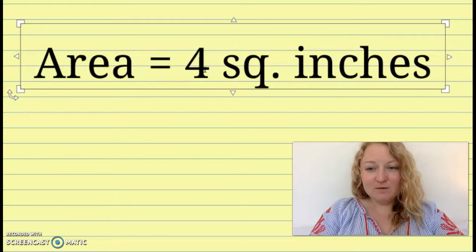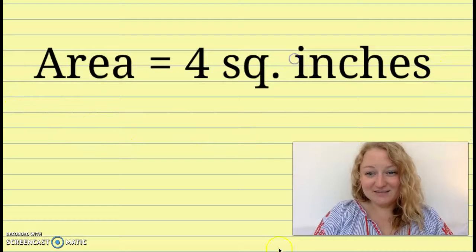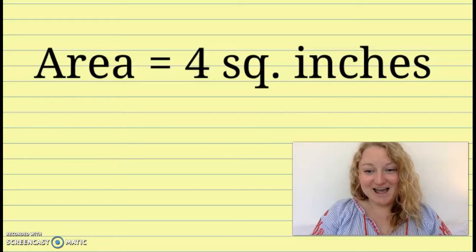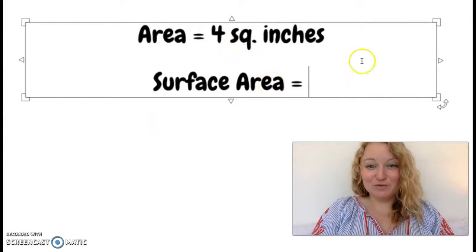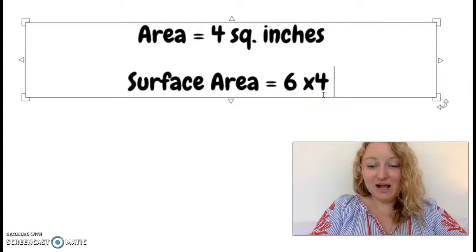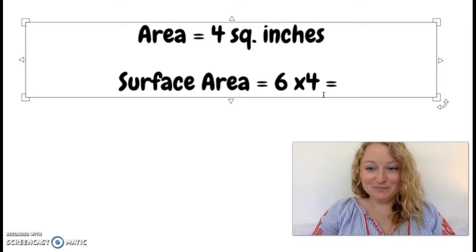Then if I wanted to find the surface area, I would have to think of what is the area of all 6 sides and add them together. All right, so if my area of one side was 4 square inches, I'm going to have to do 6 times 4 because there are 6 sides to my cube.